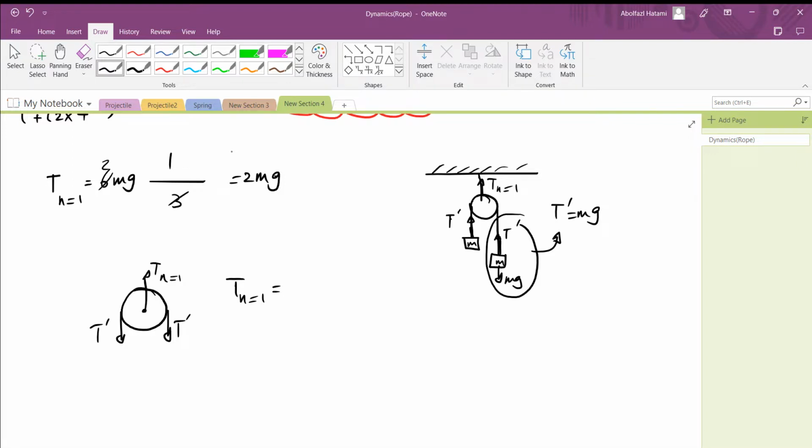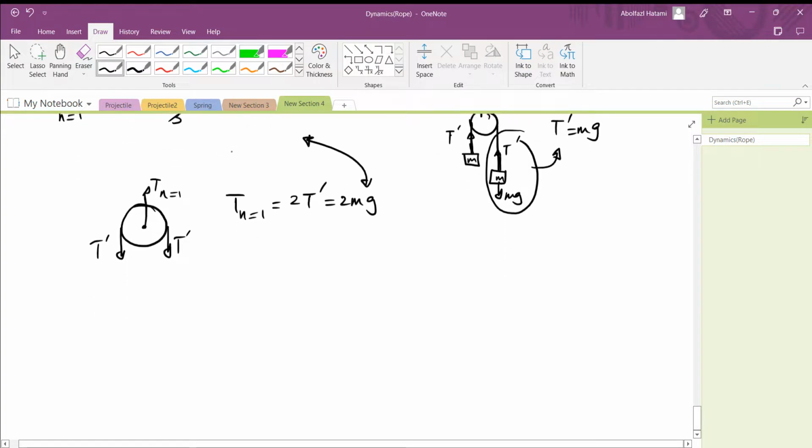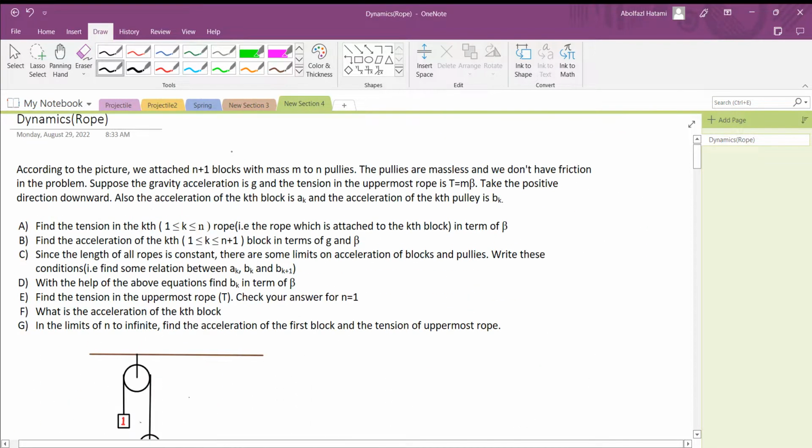Because we don't have any movement for the pulley, Tn equals 1 is equal to 2T prime, which is 2m times g, which is compatible with the result we extracted above. So I think our answer is true for this part. Let's go to the next part.